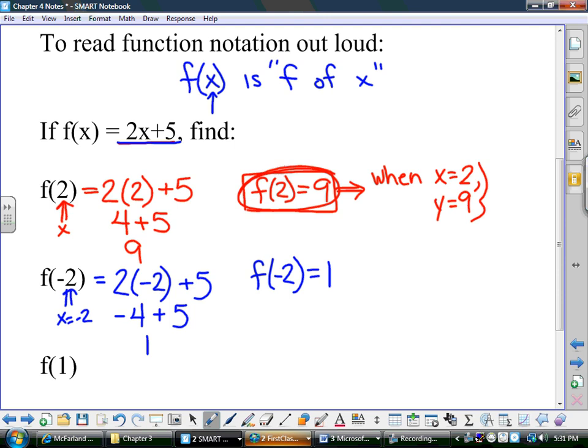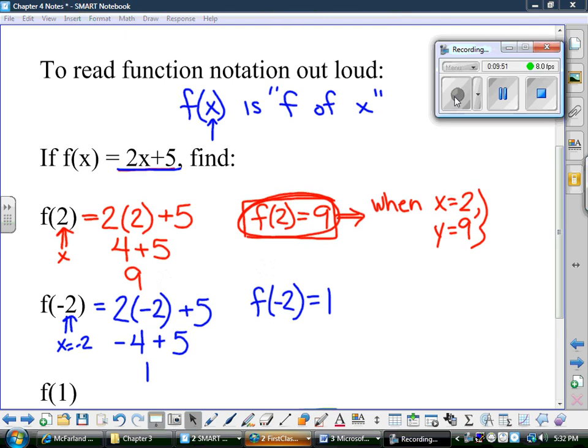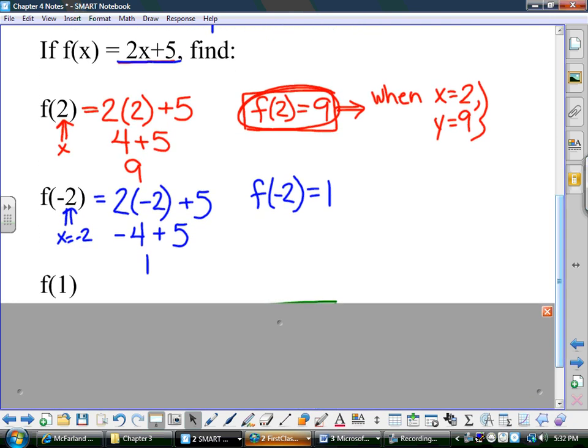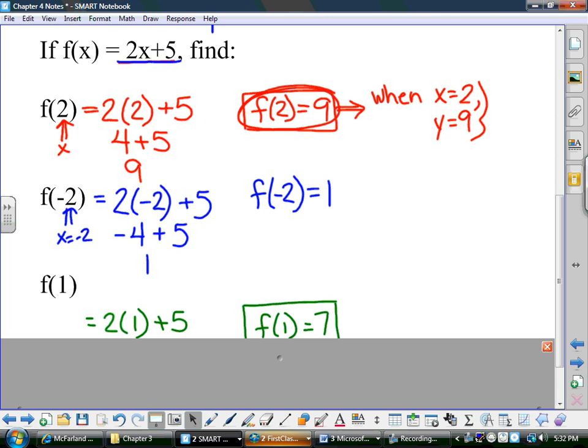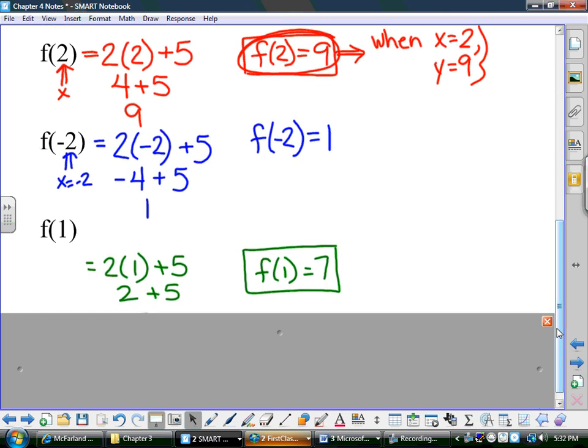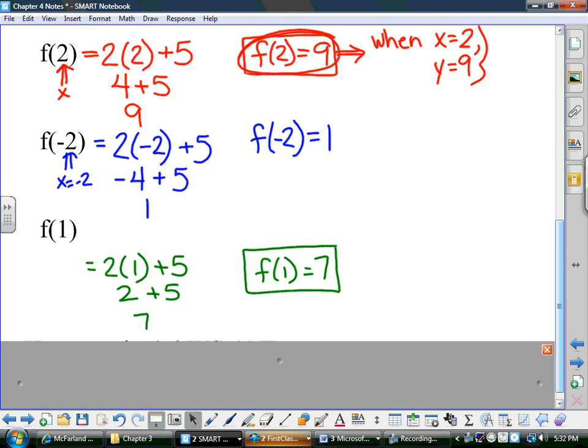Pause the video and see if you can figure out what f of 1 is on your own. This time we're putting 1 in for x, so we're doing 2 times 1 plus 5. So that's 2 plus 5, or 7. F of 1 equals 7.